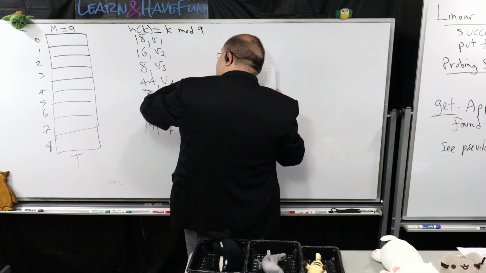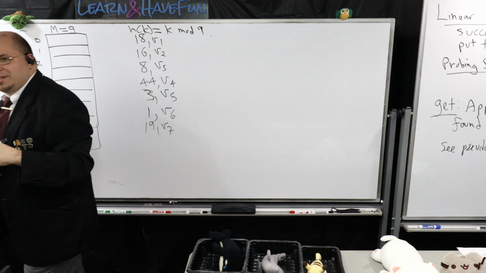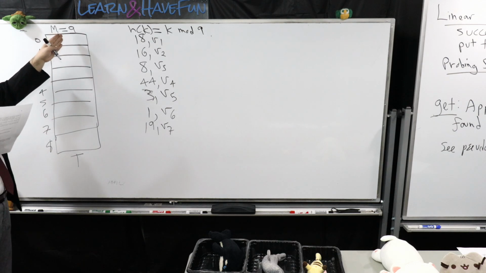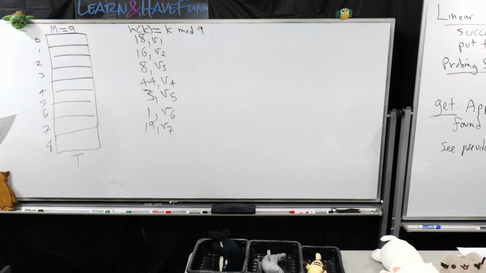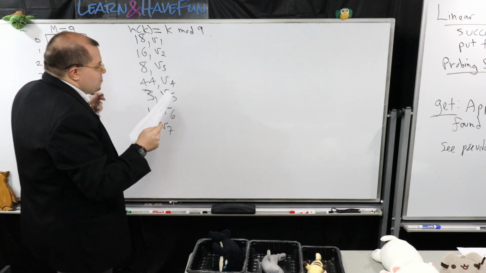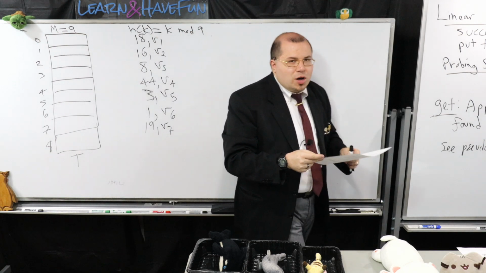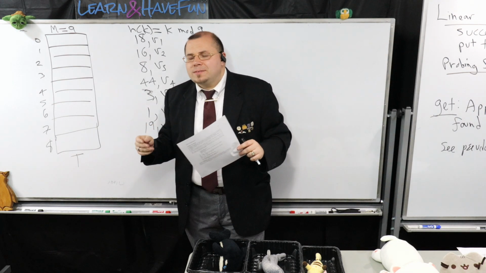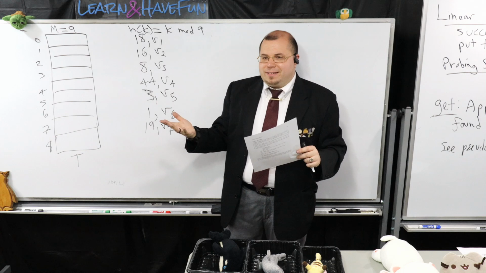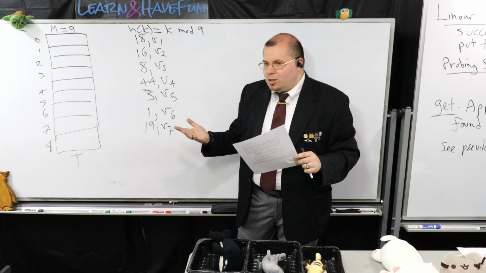I'm going to presume all of these slots are null initially, just to save your hands some time. So 18 mod 9, what slot does that go into? Where should I start?